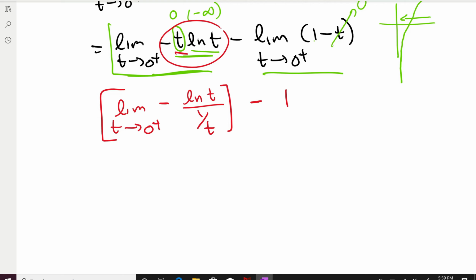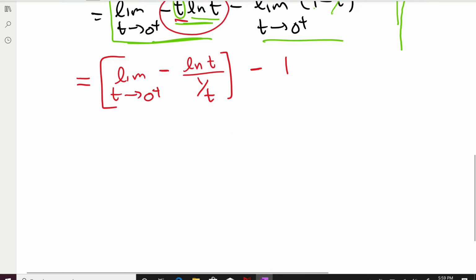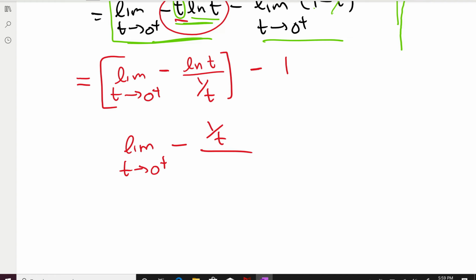Okay. Now we can use L'Hopital's rule, okay, because L'Hopital's rule means differentiate the numerator and the denominator. So derivative of ln t is actually 1 over t, okay. Derivative of 1 over t is negative 1 over t squared, okay. So remember, to differentiate 1 over t, you have to write it as t to the negative 1.